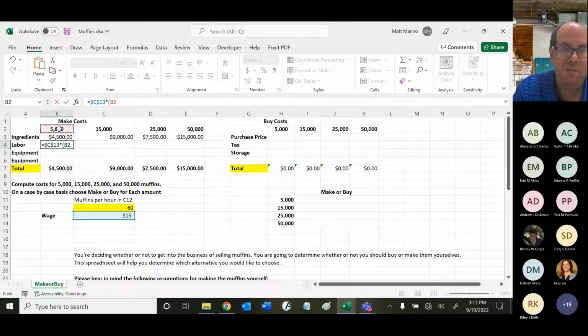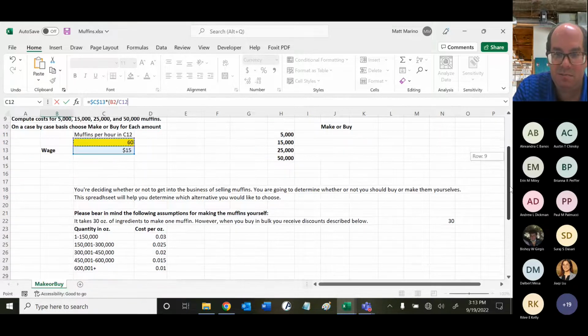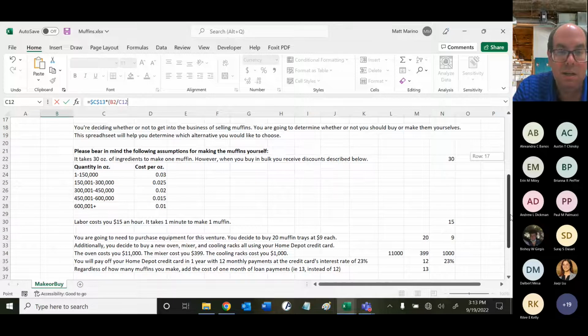First, we have to take our number of muffins. So for this one, it's 5,000 divided by the number of muffins we can make in an hour, which is in C12, 60. Remember we said in the assumptions down here somewhere, there it is. It takes 1 minute to make one muffin.